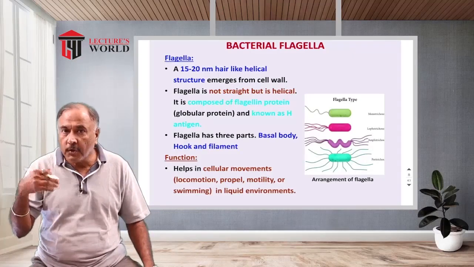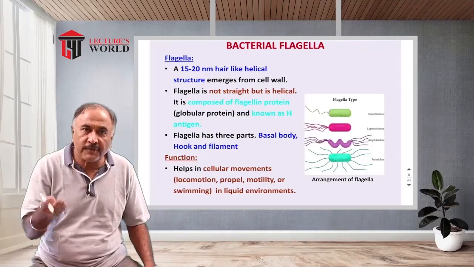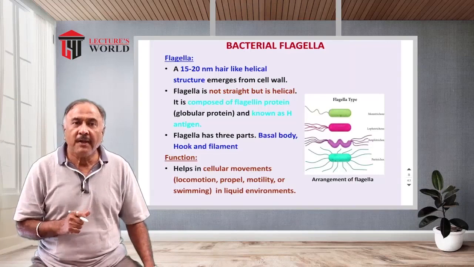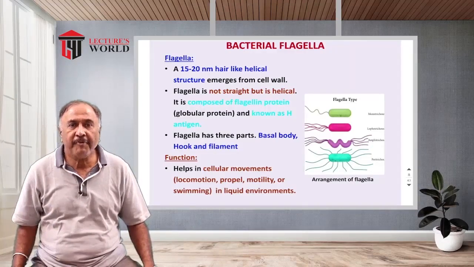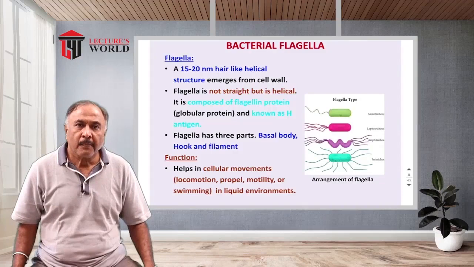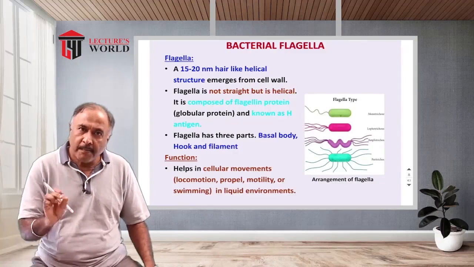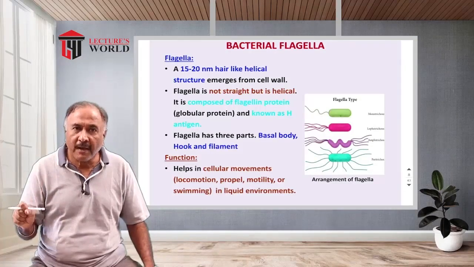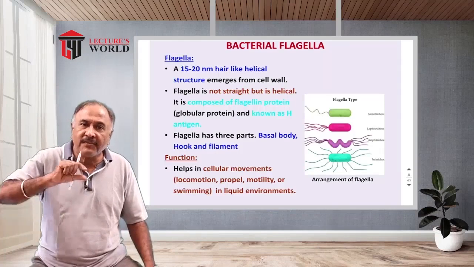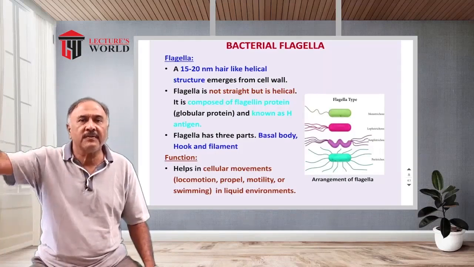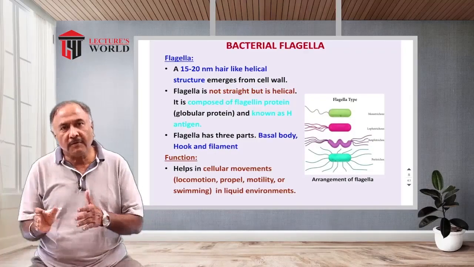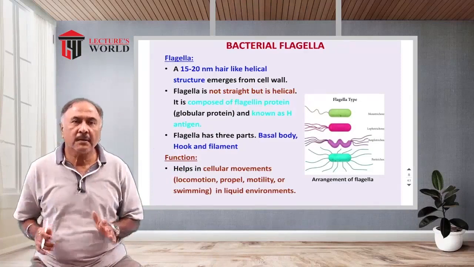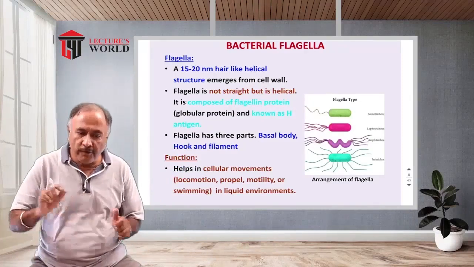In case of eukaryotes, for example in certain fungi, similar structures exist, but they are like a whip. Whip means chabuk. But a whip is thicker from the place where we hold it, and it gets thinner as it extends away. So it is thicker at one side and thinner at the other end. But in case of flagella, the structure has a uniform diameter.